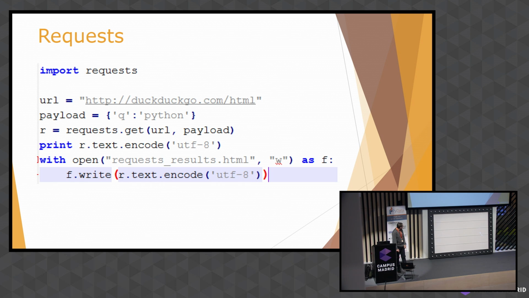This is an example where we can see requests is very simple. In 2 lines, we have the request and the response. In this case, we are making a search in DuckDuckGo. We can use the get method to request the URL, and in the payload we pass the parameters. And finally, we obtain the response.